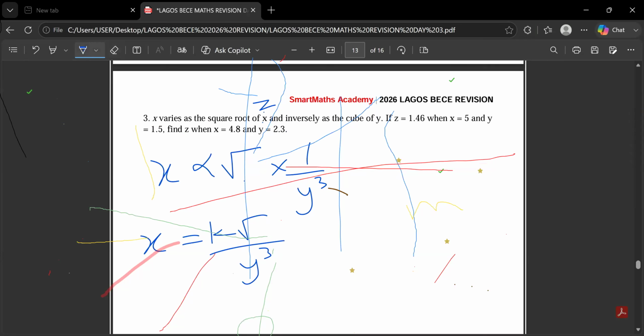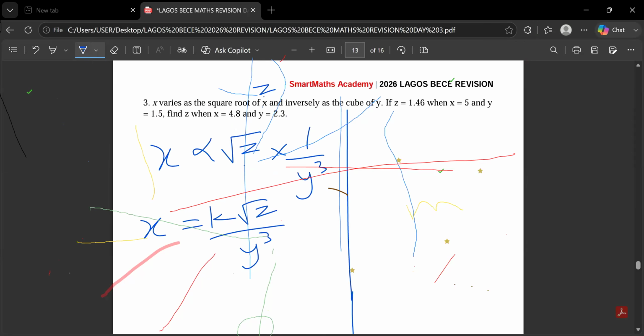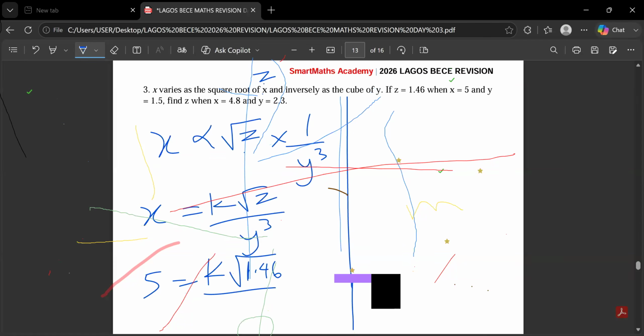In the question, this is z. Sorry for that. So we are given the value of z to be 1.46, and x is 5 here. So 1.46 equals k times the square root of 5 divided by 1.5 cubed.